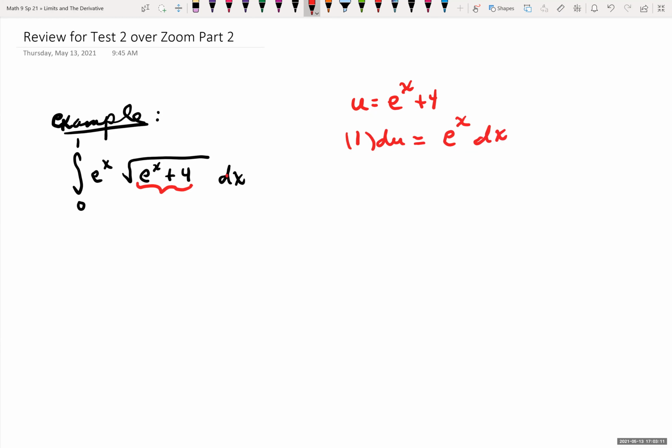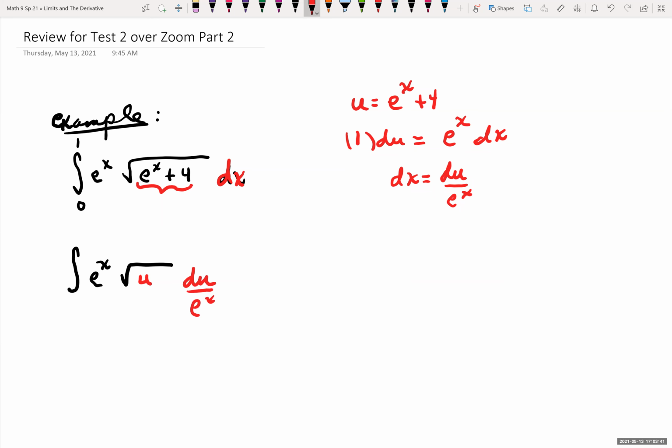So for dx, we need to know what that is in terms of u. And so we can get that by dividing by what's in front of our dx. And so dx then is equal to du over e to the x. And so notice when we go back in and we substitute, I'm going to leave off the bounds for now, what we had chosen u to be, and replace dx with du over e to the x.